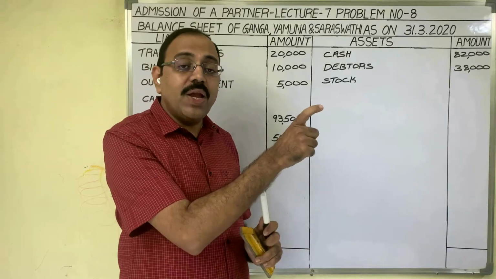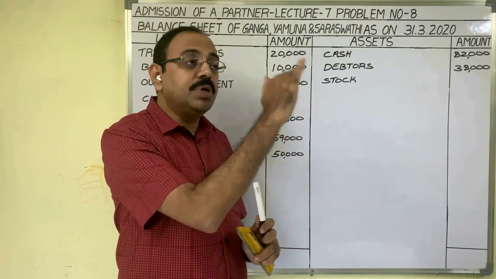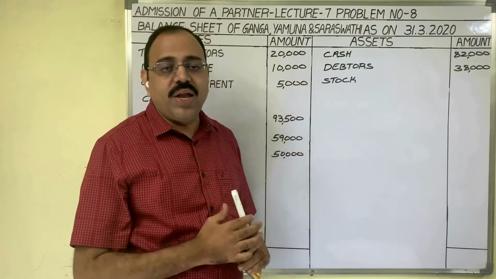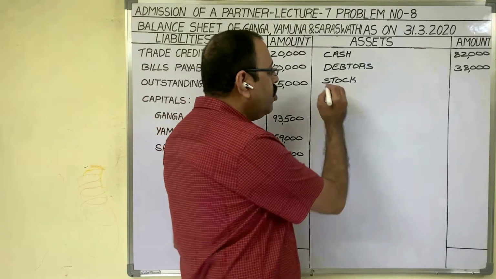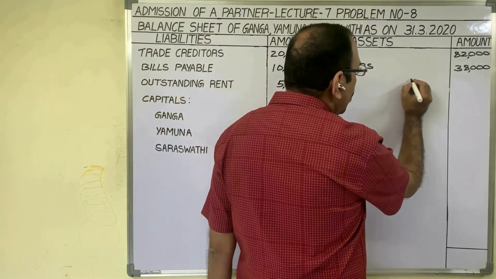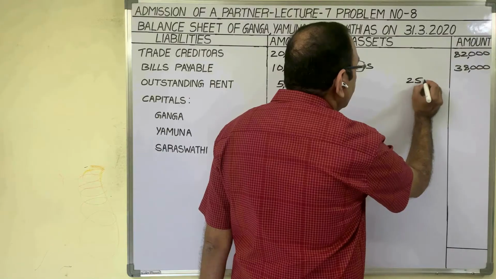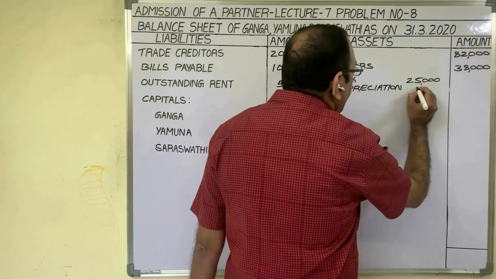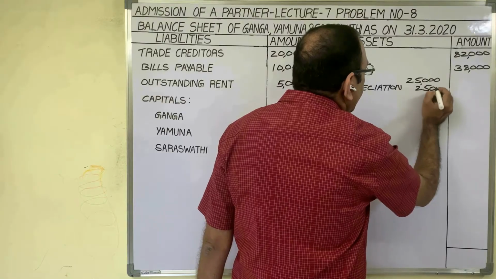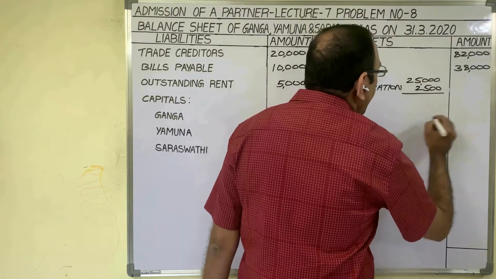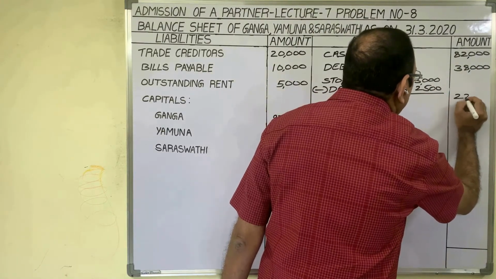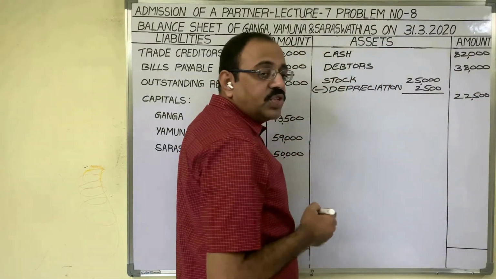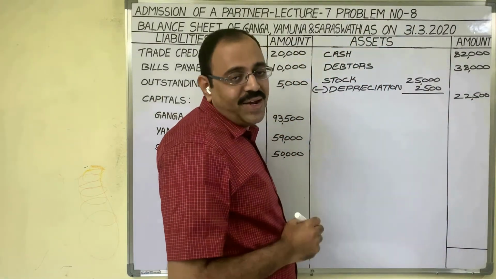So market value of stock is 10% less than the book value. Therefore, book value you have to show in inner column 25,000 minus depreciation. In revaluation account we have calculated 2,500. Remaining amount in outer column.